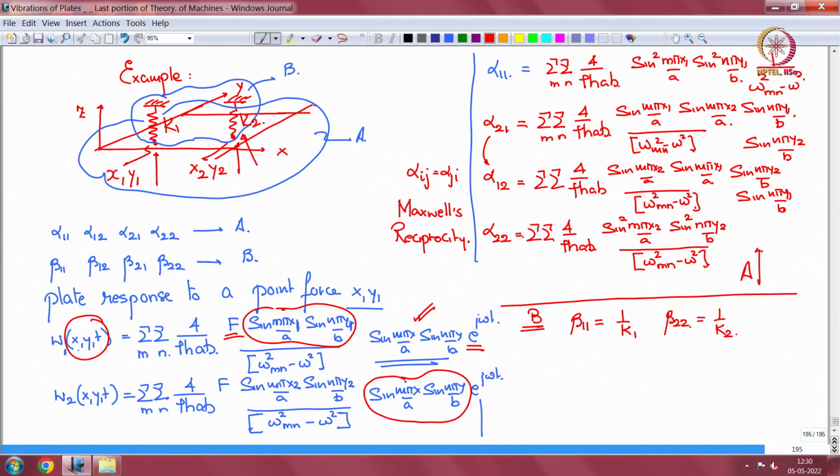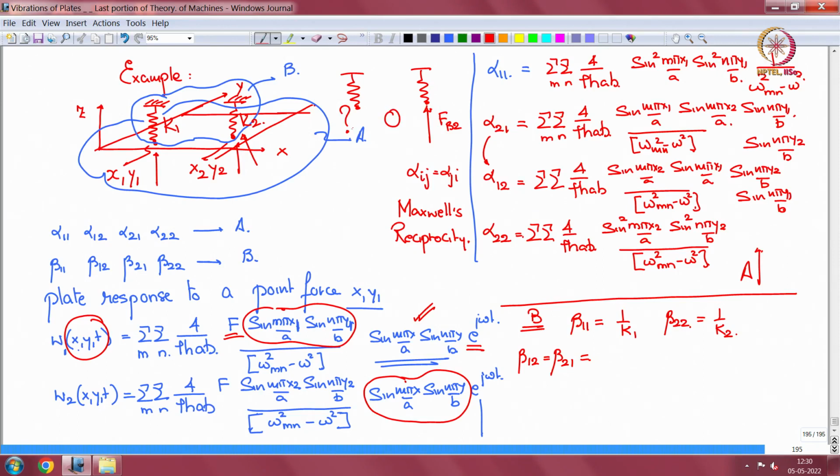Then lastly, what is beta 1 2 and 2 1? The springs are now disconnected from the plate. So if I apply a force at 2, what is the response here? 0.